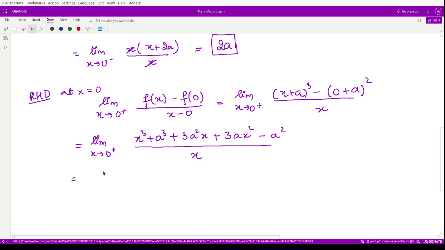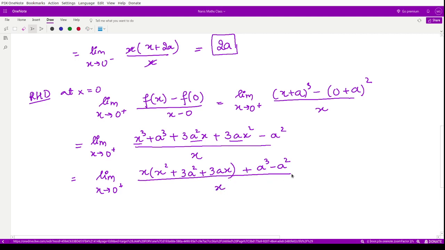Now here we can separate out the terms, or I can take x common from these terms. So it would be x square plus 3a square plus 3ax, and the terms which are remaining are a cube minus a square, and the whole thing divided by x. Now this is your right hand limit. You cannot directly substitute the value here.